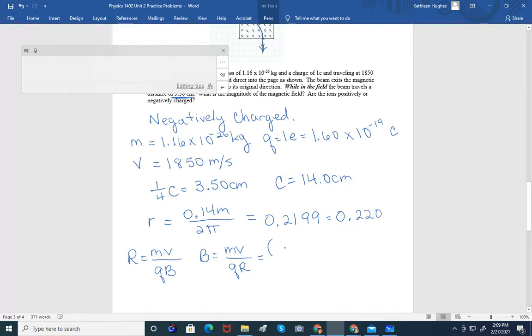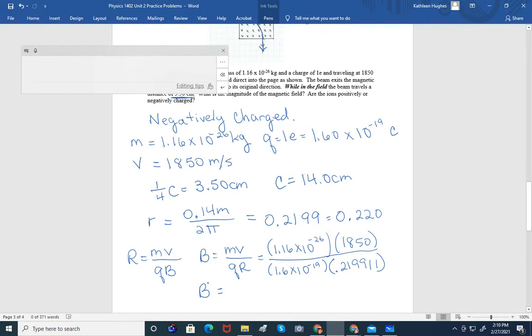So we just fill in all of our quantities, 1.16 times 10 to the negative 26, 1,850 meters per second, 1.6 times 10 to the negative 19 coulombs of charge, and 0.2199. If you want to, you can look at your calculator and carry a little more. I think we're good. And let's solve for B, and we'll round it to 3 significant digits.